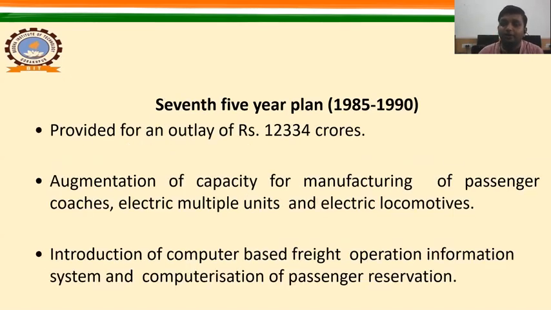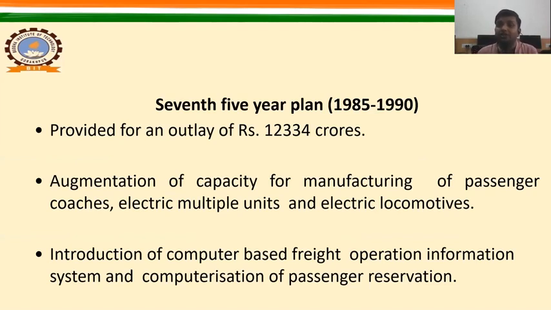Now coming to the seventh five-year plan, 1985 to 1990, this provided an outlay of 12,334 crores. Introduction of a computer-based freight operation information system and computerization of passenger reservation.